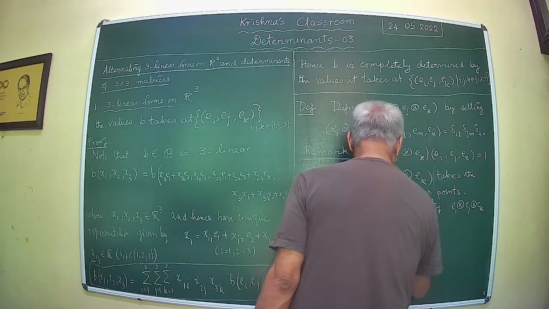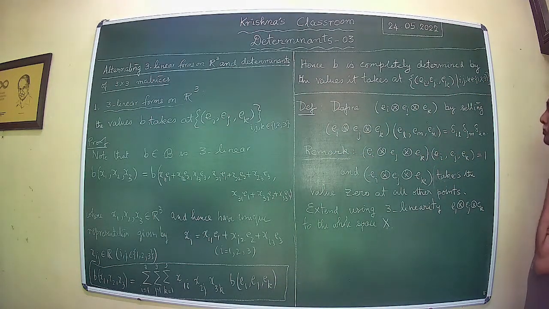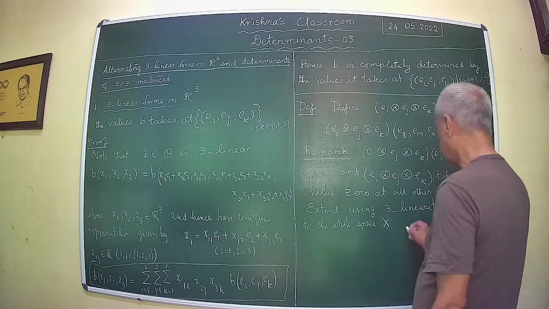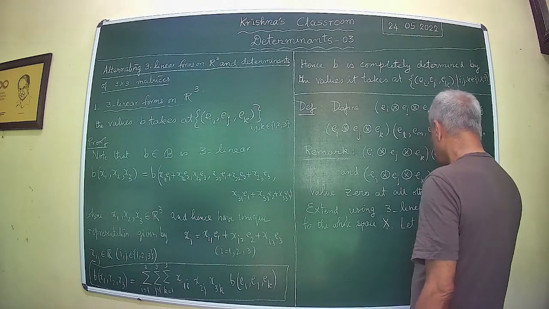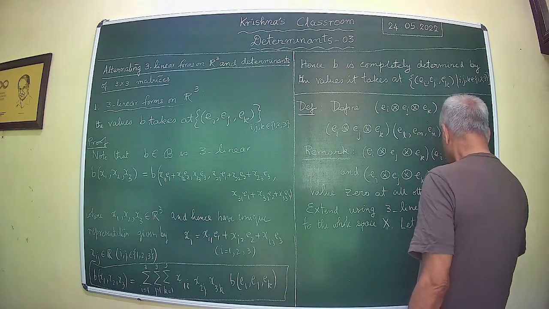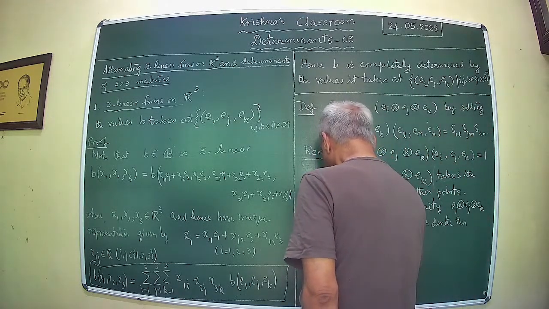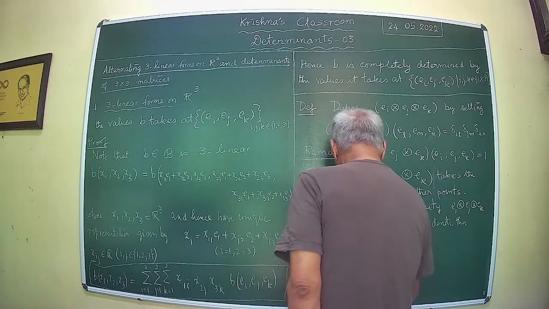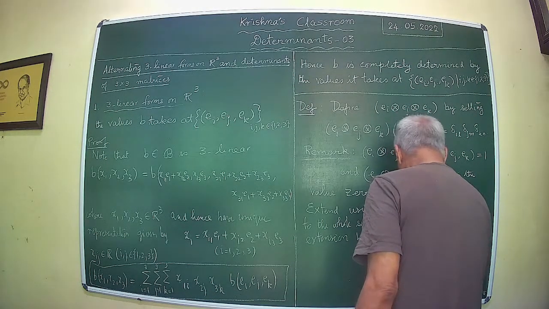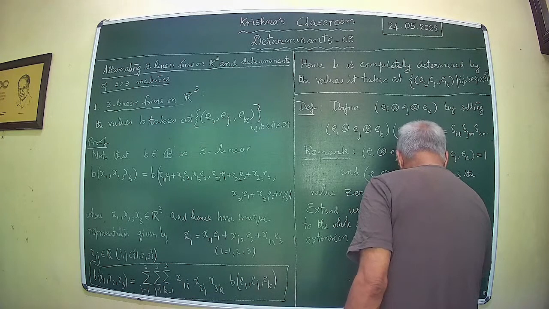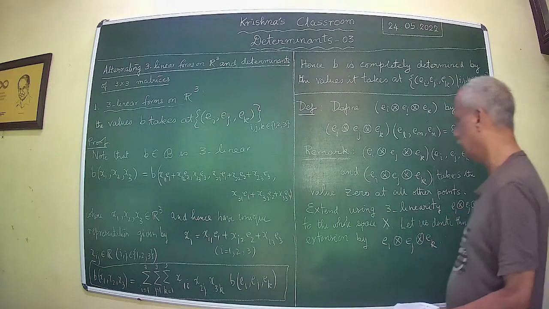X, which is R3 direct sum R3 direct sum R3. Then let us denote this extension by e_i tensor product e_j tensor product e_k.